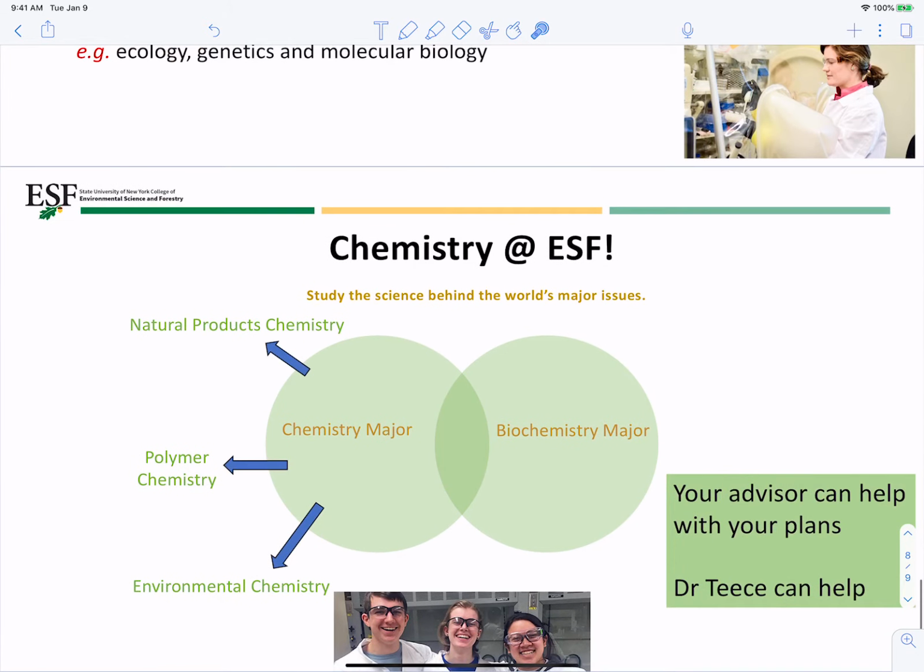And so the most important thing to realize is there are these two majors within the chemistry department. The chemistry major with these 3 option areas, which you need to choose. Preferably this year would be a good idea to say, well, I would like to be in natural products chemistry or in polymer chemistry or in environmental chemistry.